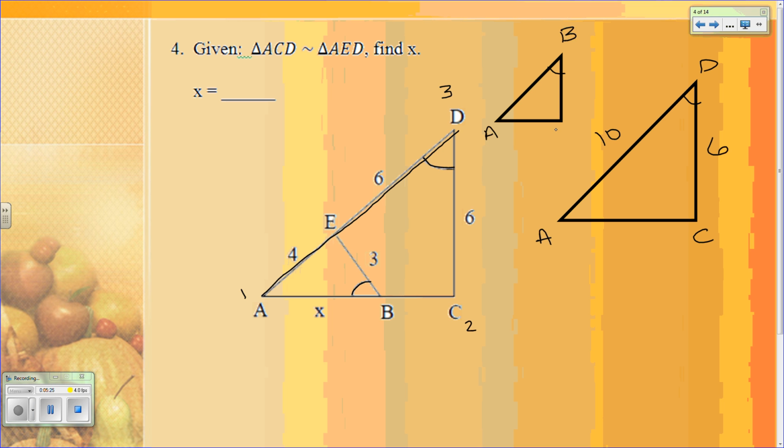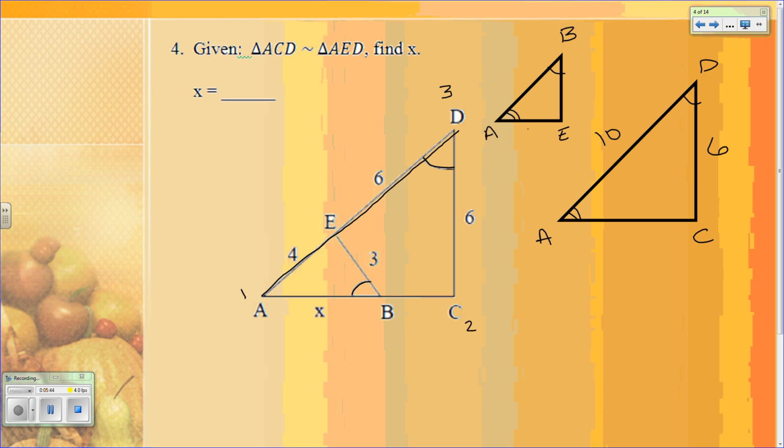Okay, so that means this is going to be my angle B. They share angle A, so angle A is the same in both of them. Their angle B's are the same too. So that means E and C have to go together, which helps me know which way I needed to flip it around.